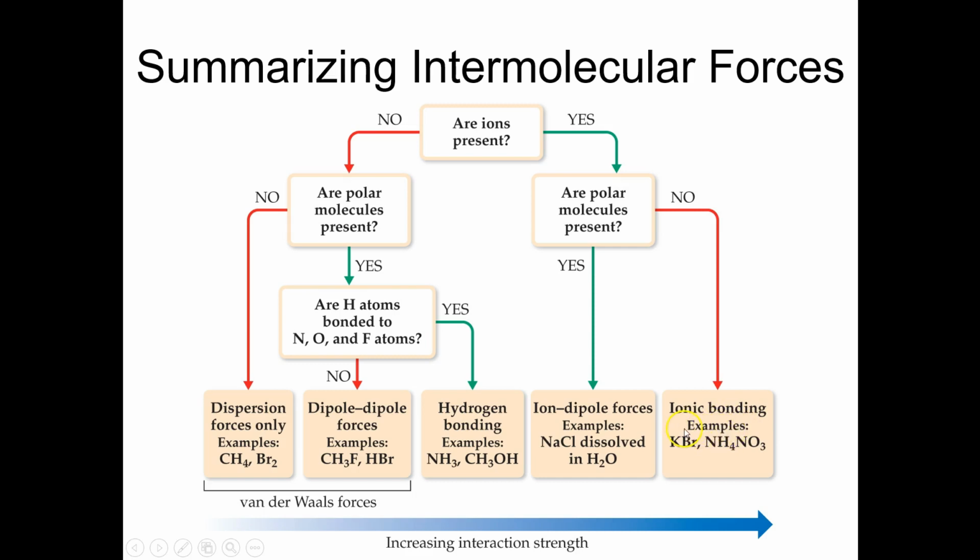So we can call these intermolecular forces, or we can call them interparticle forces, but they range on an atom-per-atom basis in strength from dispersion, relatively weak, up to ionic bonding, which would be the strongest.